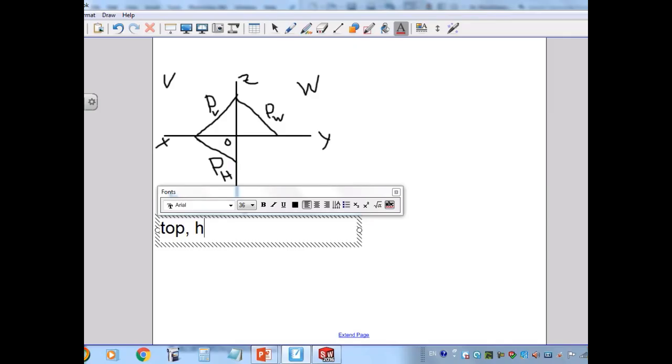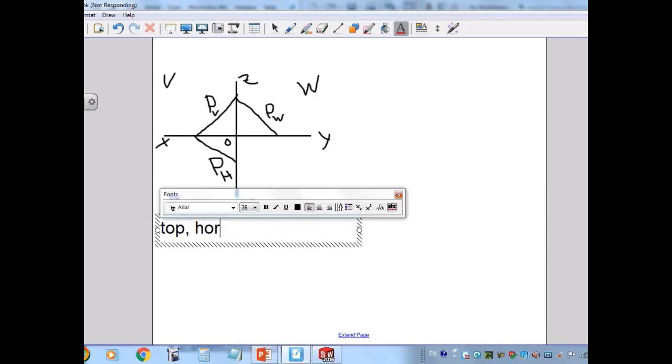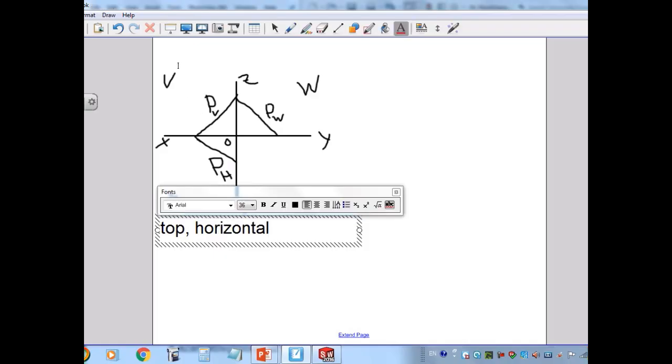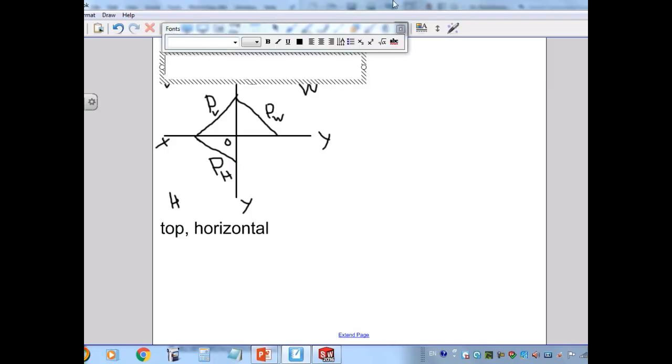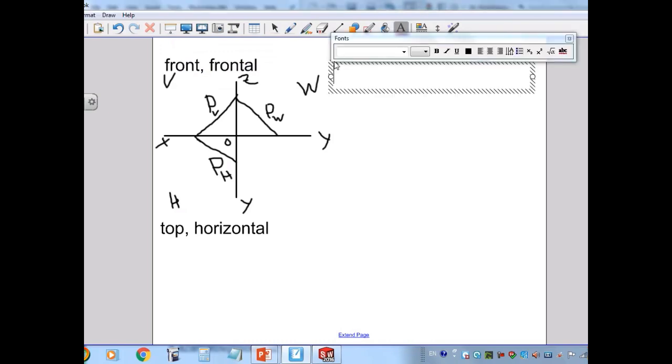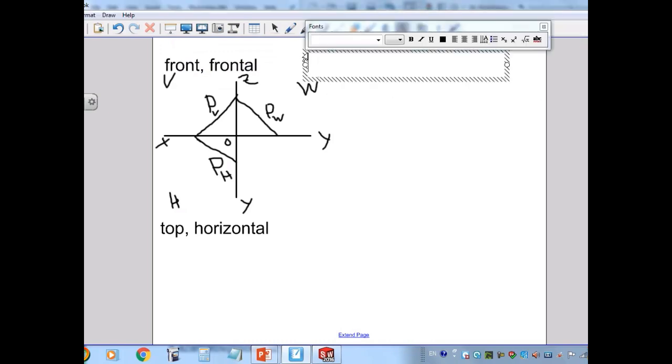Another name is horizontal plane, and this one is frontal, and this one is profile, for the object's left hand side. Okay, so left.